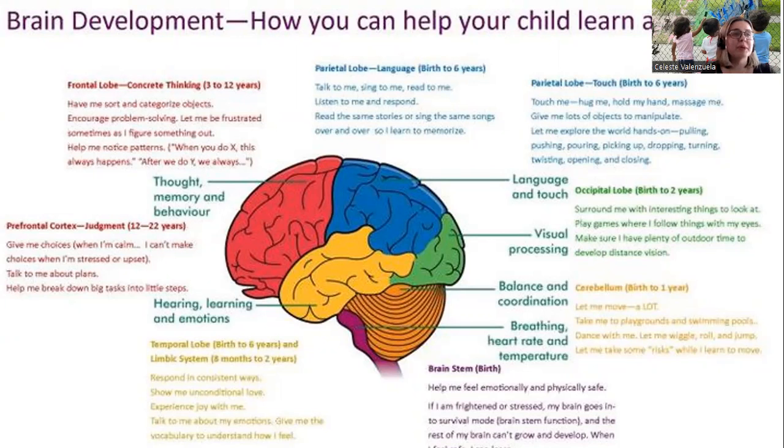There are so many components in our brain that it's important that when we are creating those connections, when children are developing, we give them that meaningful opportunity to stimulate these areas of the brain.